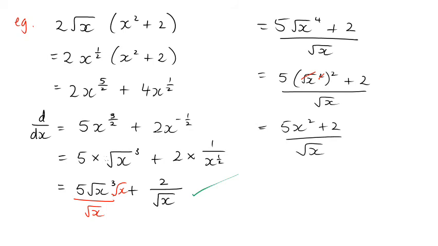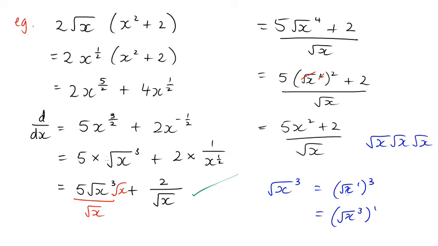Why doesn't that work with 3? Because you'd get root x times root x times root x.